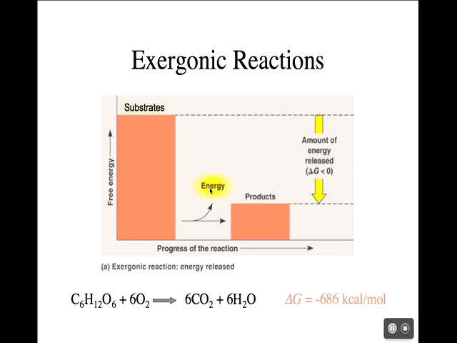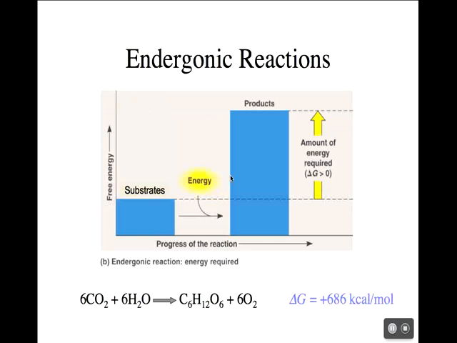Now, of course, the cell has to do both endergonic reactions and exergonic reactions. Exergonic reactions like this one release energy, so it seems very obvious why the cell would want that reaction to occur. But of course, the cell also has to do endergonic reactions. The cell also has to be able to build up large energy products.